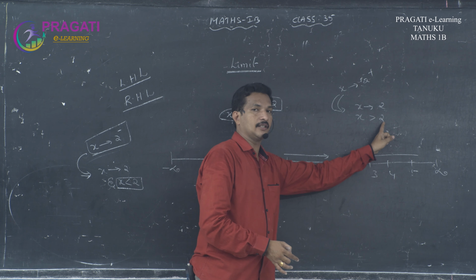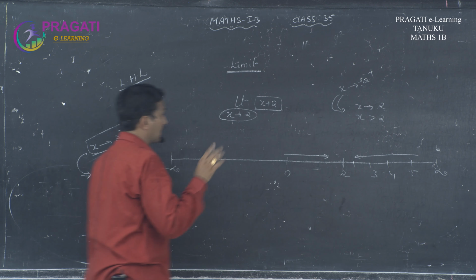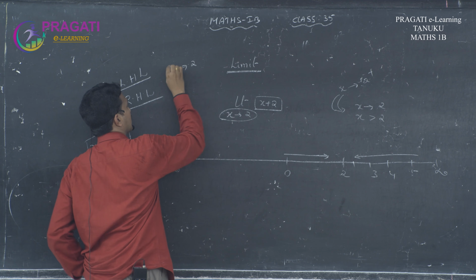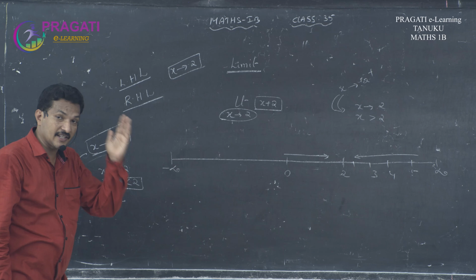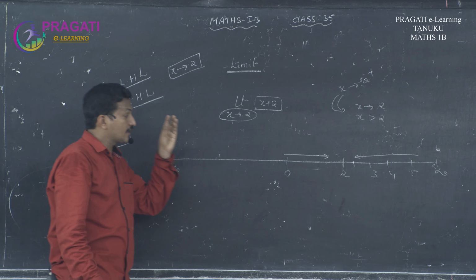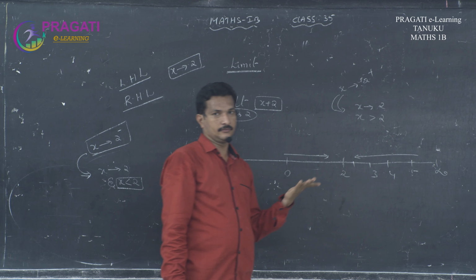So x is greater than 2 and x tends to 2. Here x tends to 2 is denoted by this. The meaning is x approaches 2. There are two ways: x approaches 2 from the left side or from the right side.